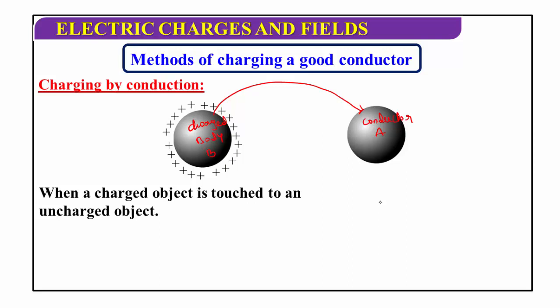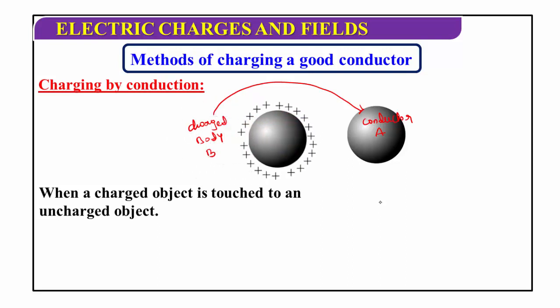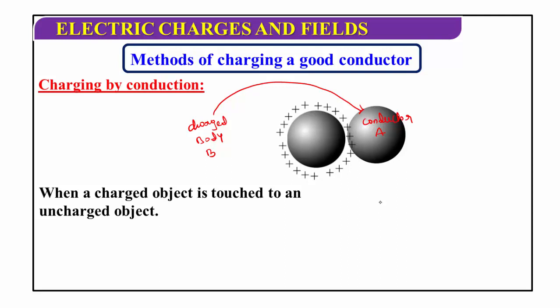Consider a good conductor A and a charged body B. When the charged body B is placed in contact with A, the positive charge easily flows through the conductor A. The material which allows electric charge to flow easily is called a conductor, which conducts the charge.